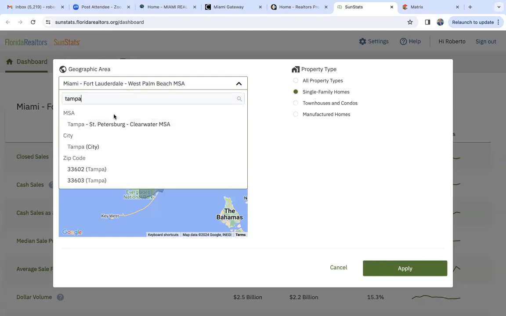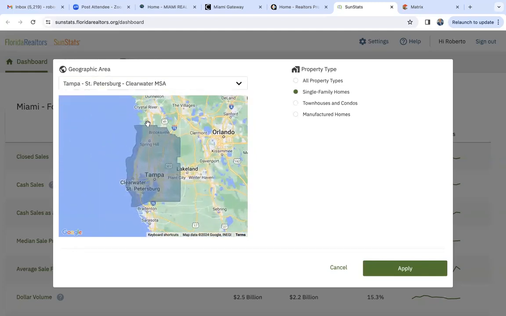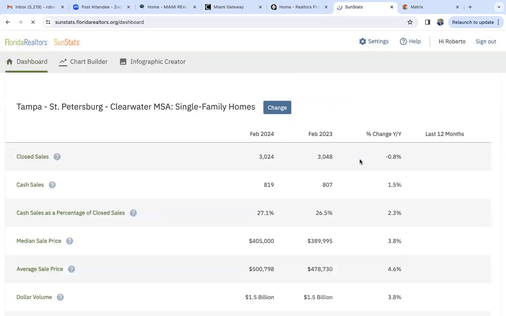Now you can do the city of Tampa, or a zip code, or the entire area known as Tampa, St. Petersburg, and Clearwater. So that would be this entire area right there. We can do this report for single family homes, townhomes, condos, manufactured homes. Let's go with single family homes, hit apply.